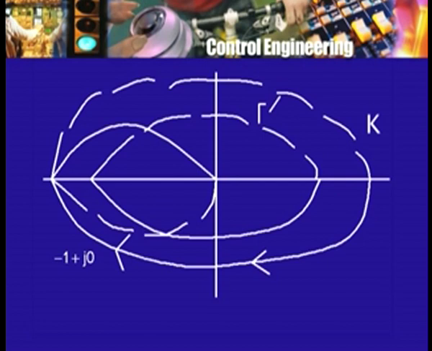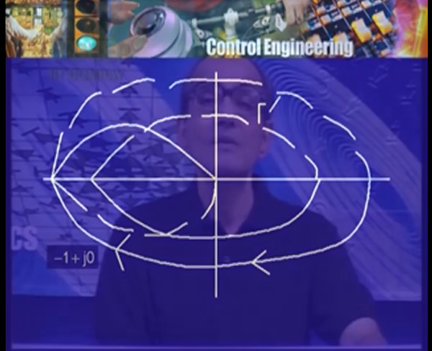So, for this new value of the gain k, the system is going to become unstable, and we can see that if I increase the gain further, the system is going to remain unstable, whereas if I reduce the value of gain k from the original value, the system is going to remain stable for all smaller values of k. Now, this was exactly the conclusion that we had obtained by using the root locus method.